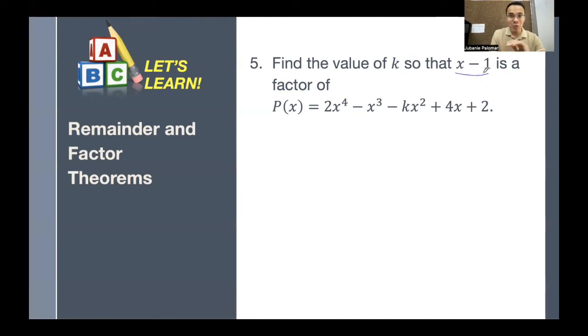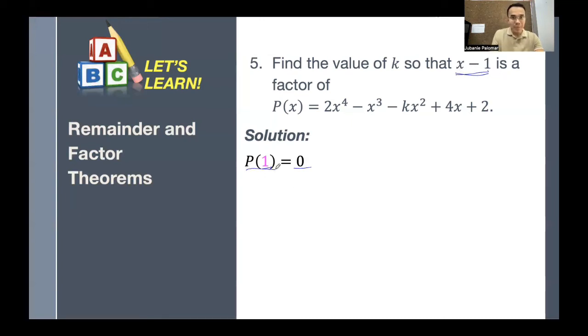After that, we will go back to our polynomial function and evaluate it at x equals 1. When you evaluate, you just simply replace x with positive 1. And the result should be 0 since x minus 1 is a factor.